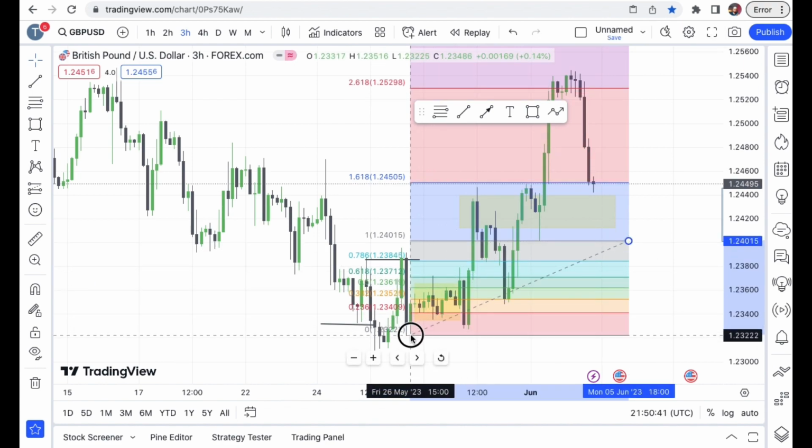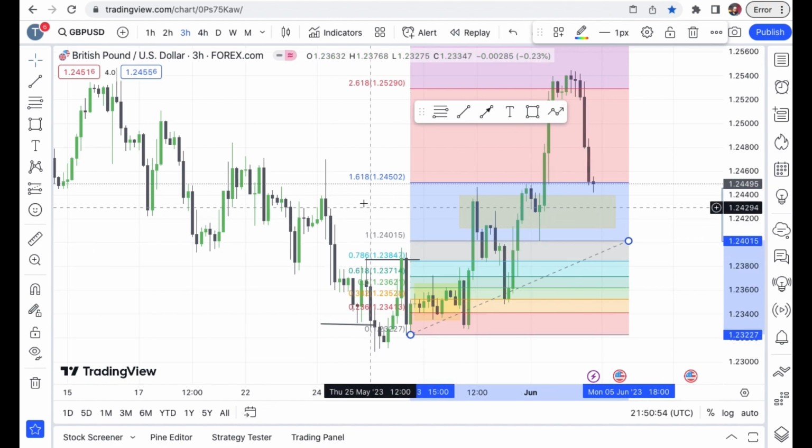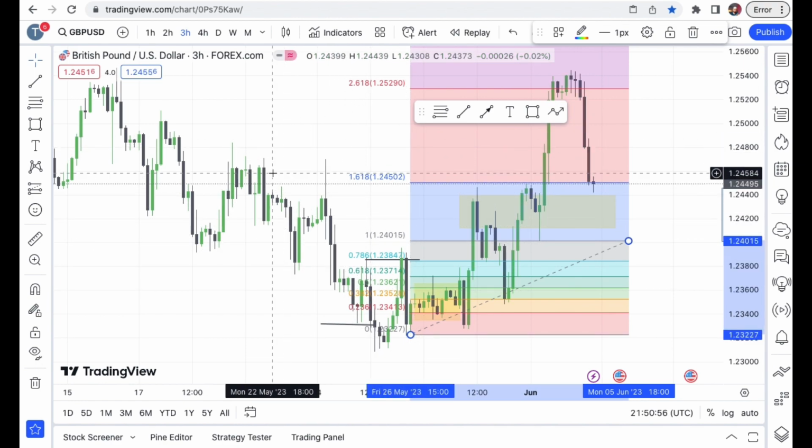Now, these are things that work for me, it may not work for you, but from experience and my time being a trader, especially being an intraday trader, this is what I have come to notice. So any order block that doesn't give me a high risk to reward, I would say, is not high probability for me.